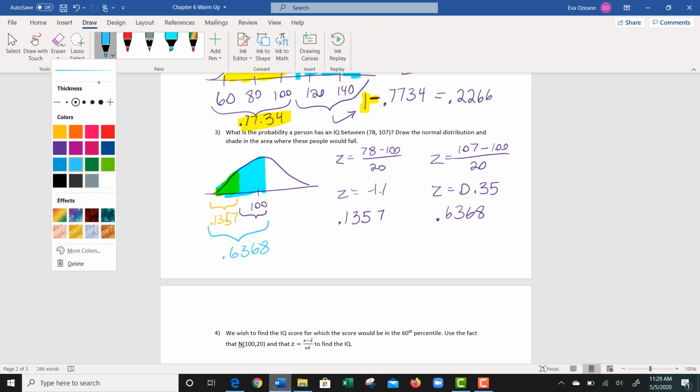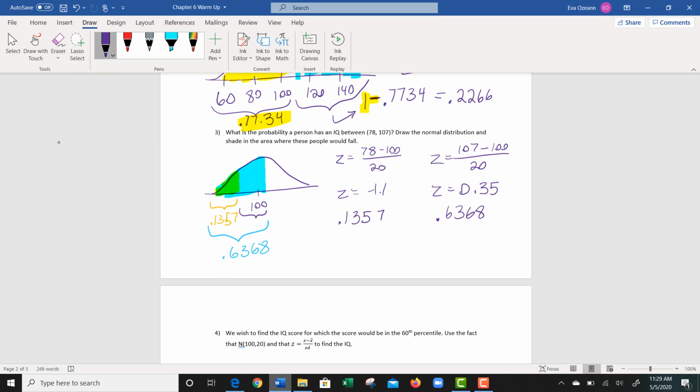So if we want to find the probability that lies between them, what are we going to do? Well, we're going to subtract the two. Remember, you're always going to subtract the little number from the bigger number. The reason you have to do that is because, remember, probabilities cannot be negative. That makes no sense.